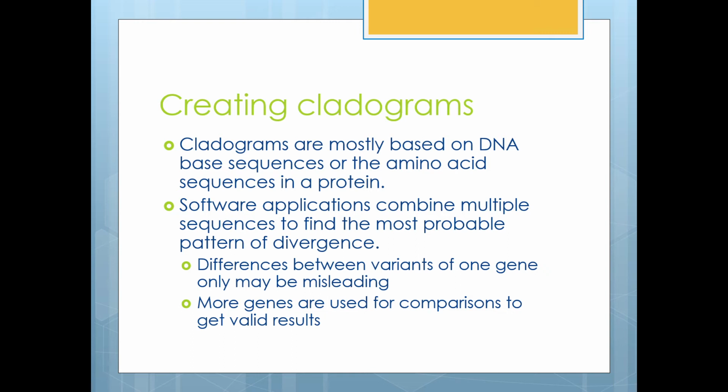If you try to base such an analysis on one gene only, it can be misleading. So instead, usually many different genes are used, and the overall comparison is necessary to finally decide how to represent relationships between organisms.